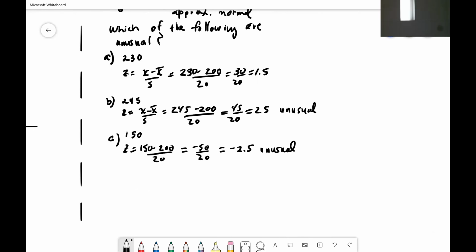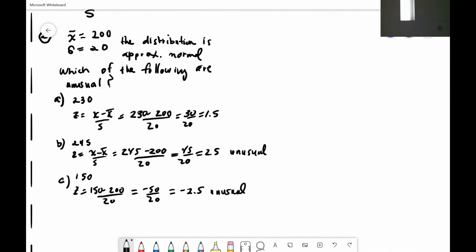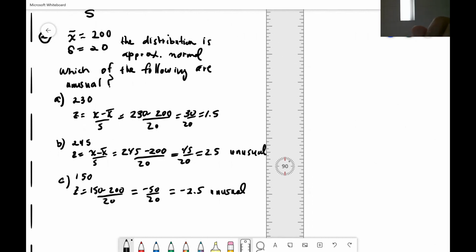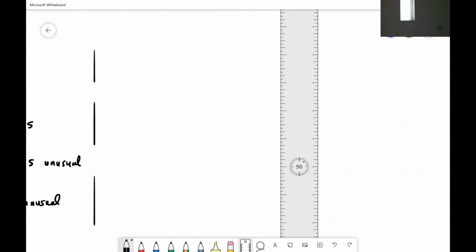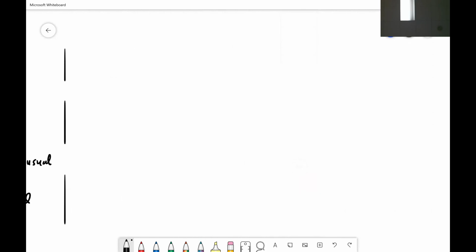It's unusual because of this. Let me actually make another line. Just in 5 minutes, I should be able to explain this very easily. So let's talk about why it's unusual. I'll show you why. Here's the normal distribution described by this.